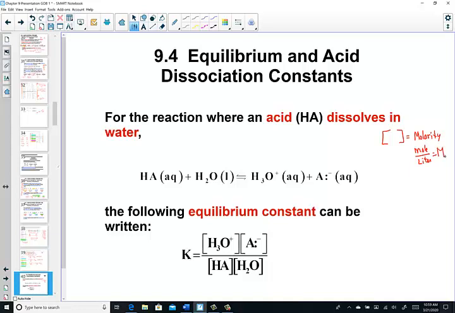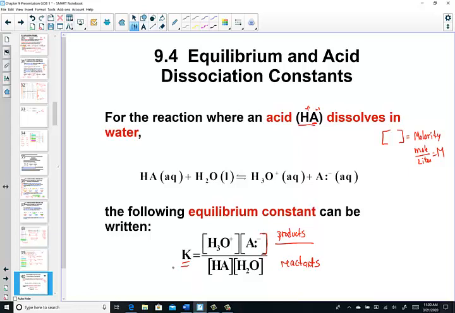So for the reaction where an acid, let's just use a general formula, HA, to represent an acid. We know H is a +1 and an anion is a minus charge, so an HA. A general formula shows the dissociation of an acid forming its aqueous ions. And remember how we said to place products over reactants, where the little brackets here represent the concentration units in molarity.